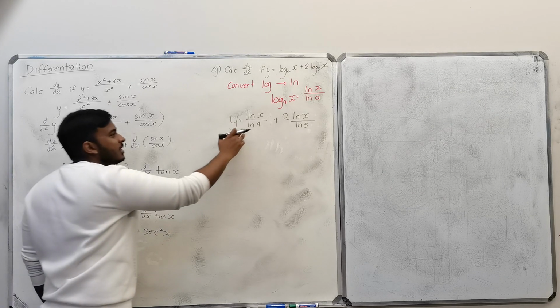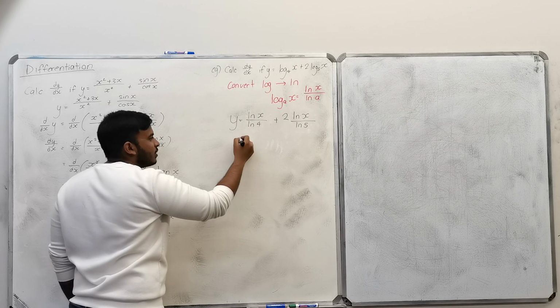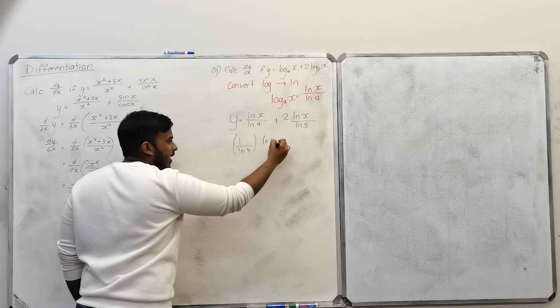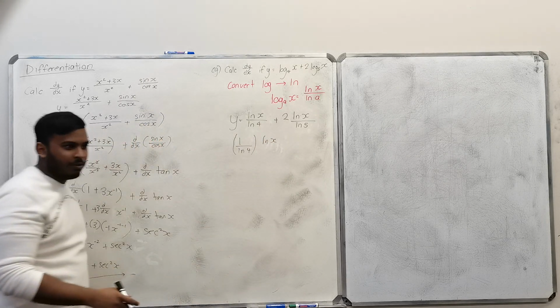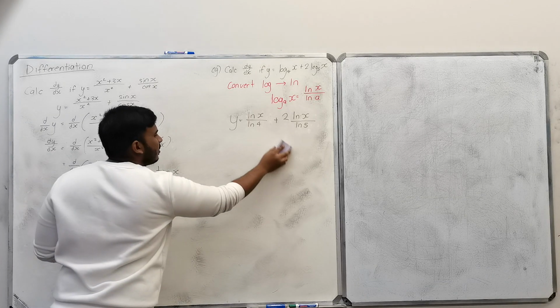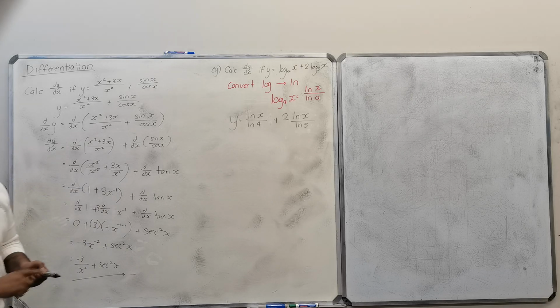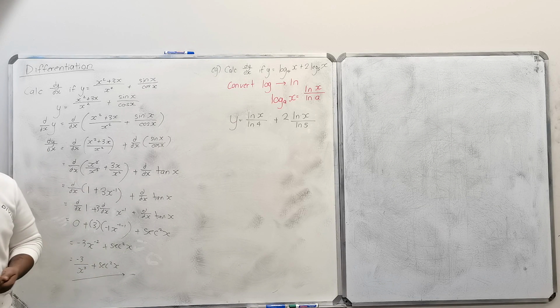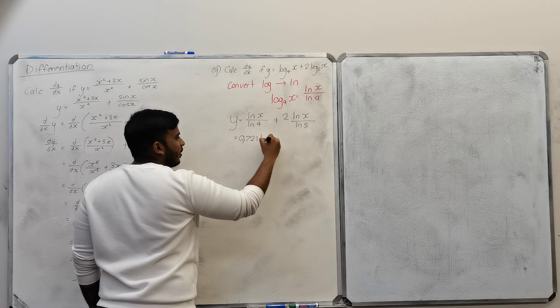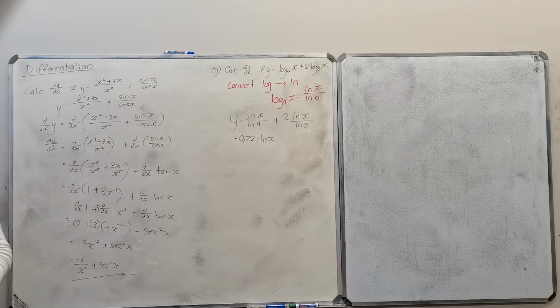Remember, this is in the denominator, so the value is 1 over ln of 4, and then you have ln of x. So 1 over ln of 4 is 0.721, and obviously it's multiplied by ln of x.